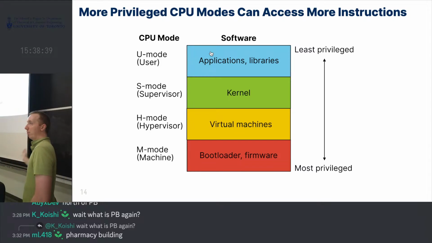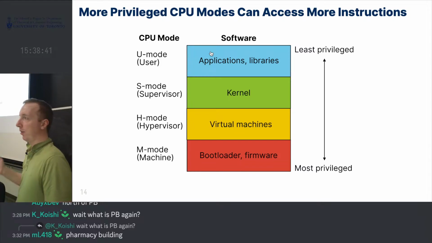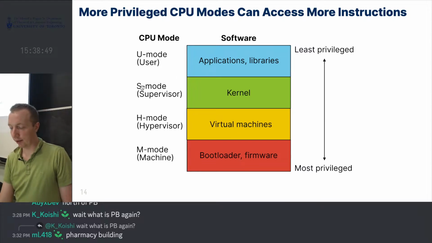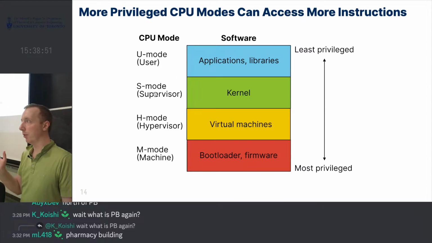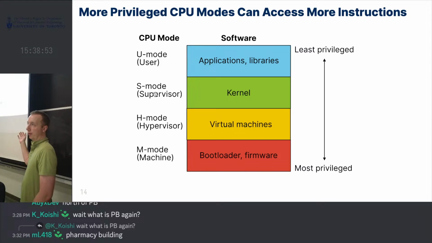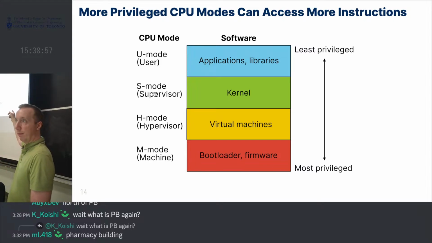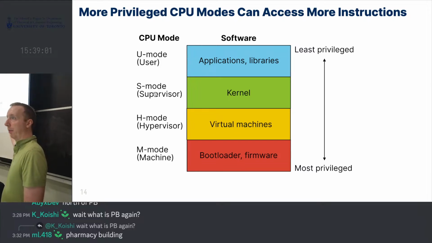Those are the least privileged instructions. If you try to execute an instruction that interacts with hardware, the operating system won't let you do it. Then there is S mode, supervisor mode or kernel mode, which is where your kernel exists. This is the core part. There's a kernel as part of macOS. Linux is actually the name of a kernel, not an operating system.